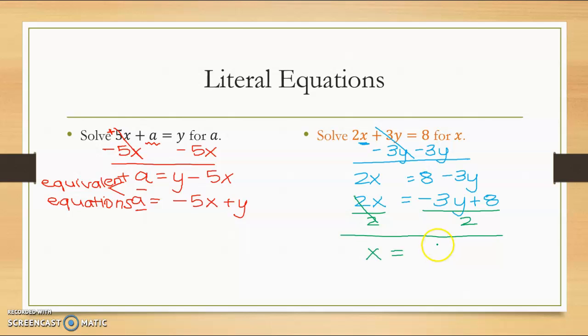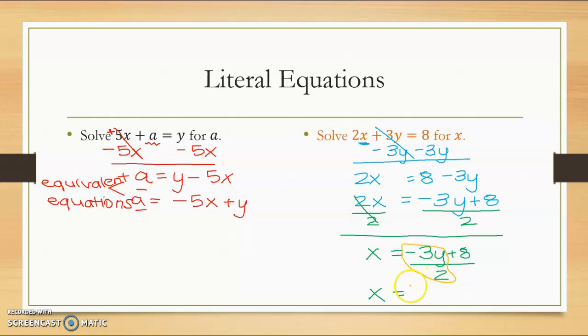Now, with a fraction like this, we have a couple of options. We can just take it literally as it is, one big fraction, all divided by 2. Or we can treat each individual piece as an answer. So we can say x equals, and then we would look at what happens with negative 3y divided by 2.